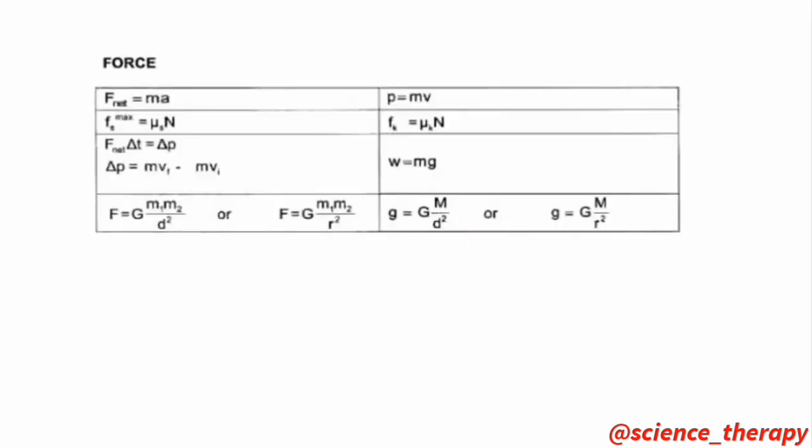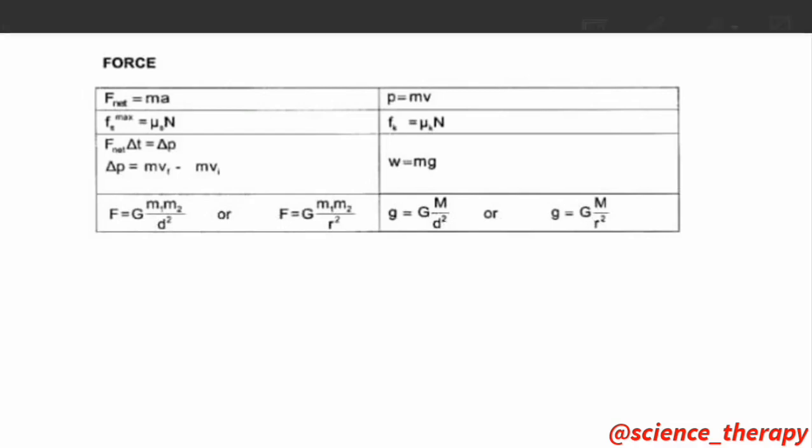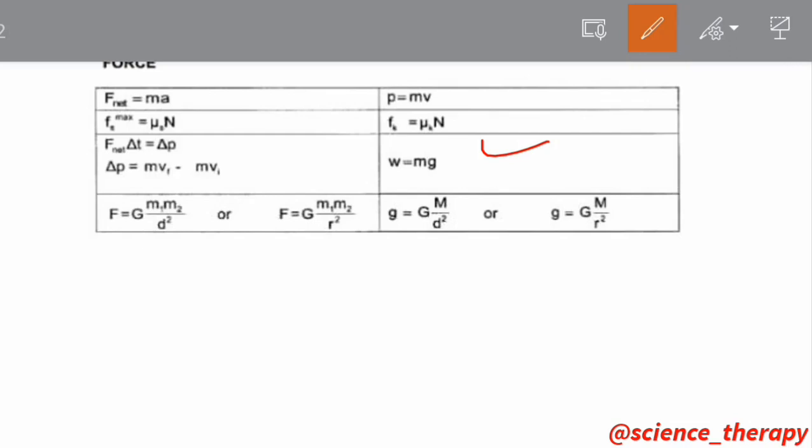The first formula that we're going to be using is W equals m times g, which is the formula we use to calculate the weight. It can also be written as gravitational force equals mass times gravitational acceleration, right?